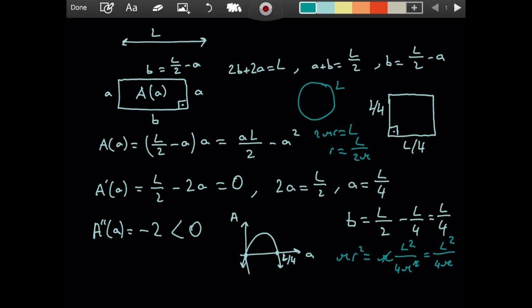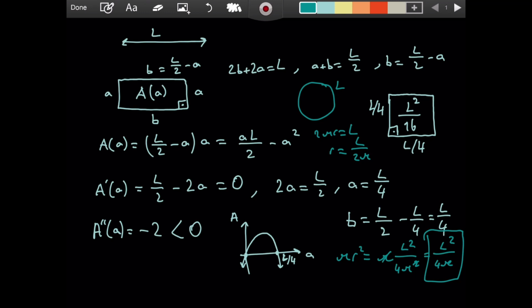And what is the area for the square? It is L over 4 times L over 4, so L squared over 16. Here in the denominator we have 4 pi, which is less than 16. So we are dividing L squared by a number that is smaller than 16, which means that this gives a greater result than the area of the square.